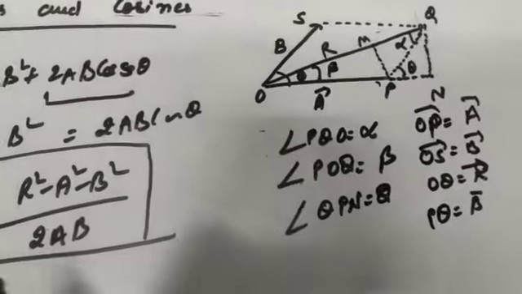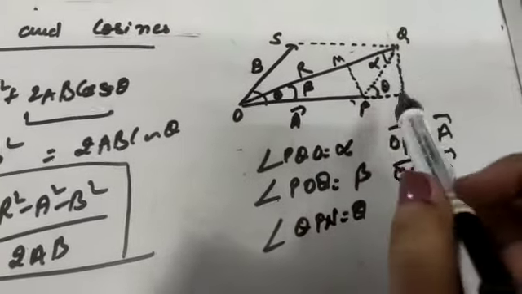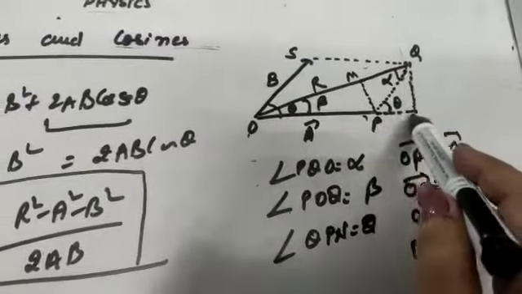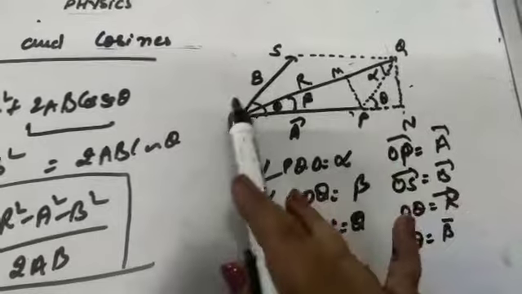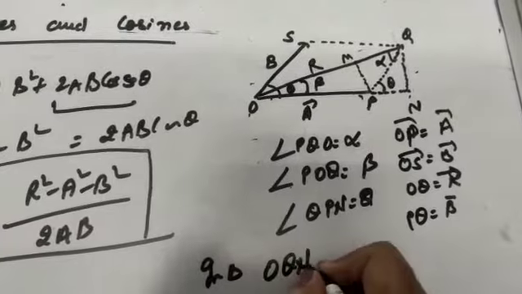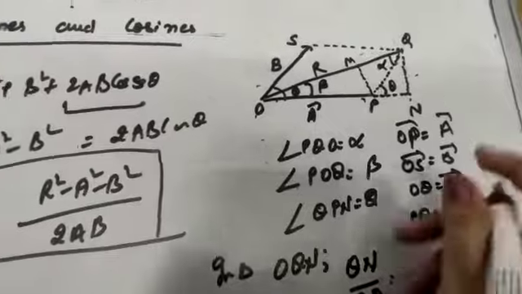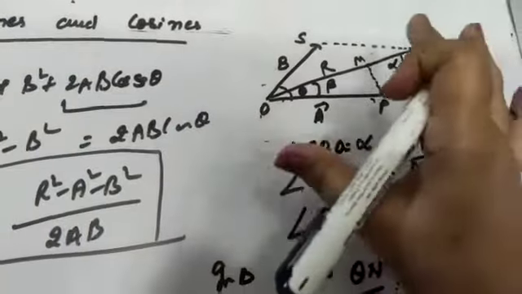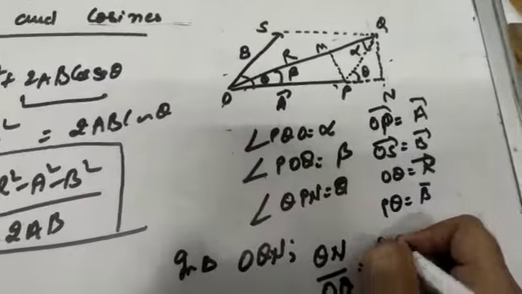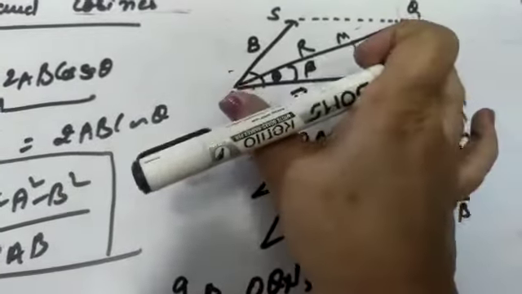Firstly, in triangle OQN, QN upon OQ, perpendicular upon hypotenuse, is sine theta.